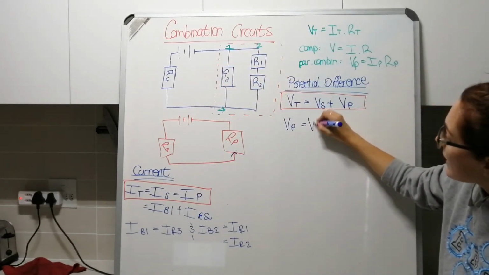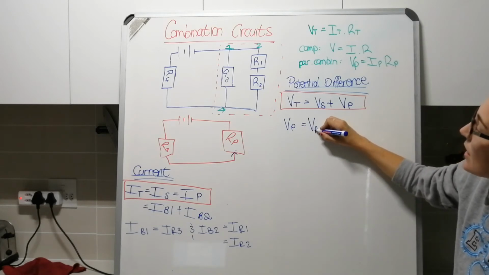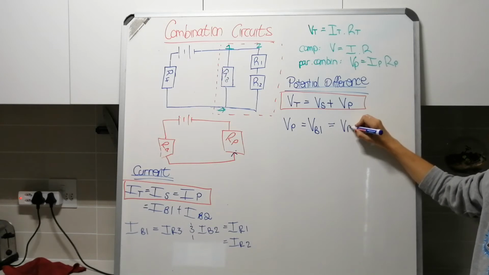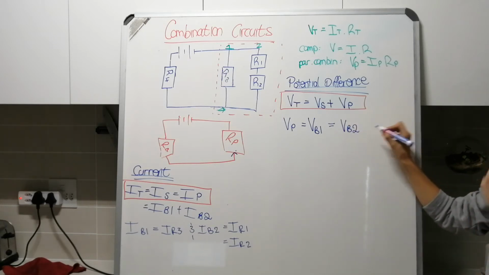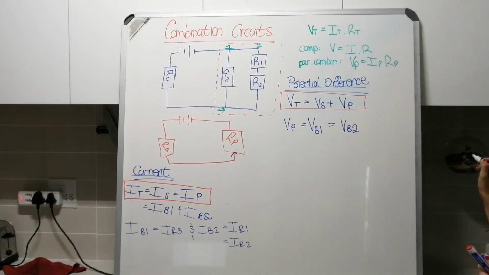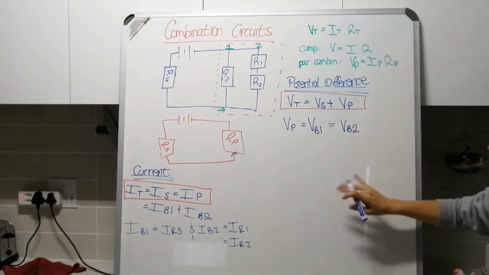So V parallel here is equal to the potential difference in branch 1, which is equal to the potential difference in branch 2. This is also always true, but you would have to continue depending on how many branches you have. Now we can break this up even further.